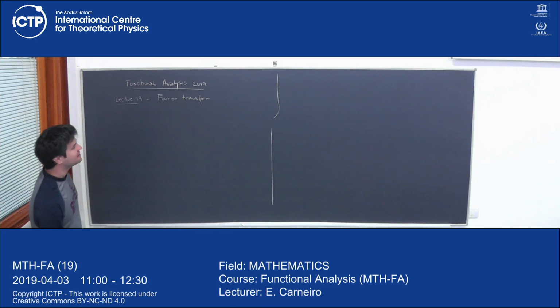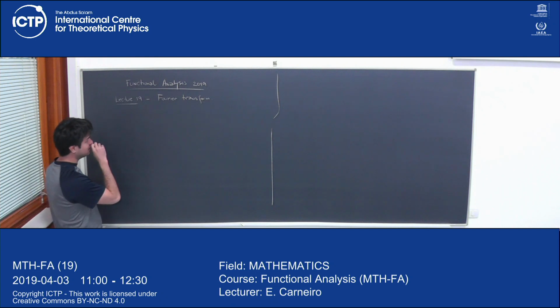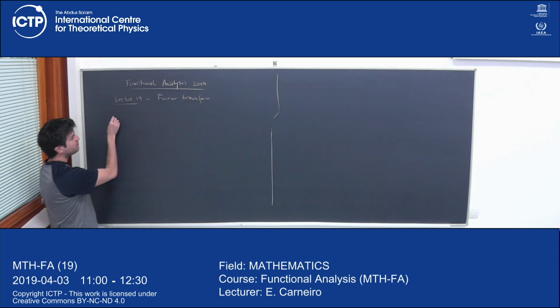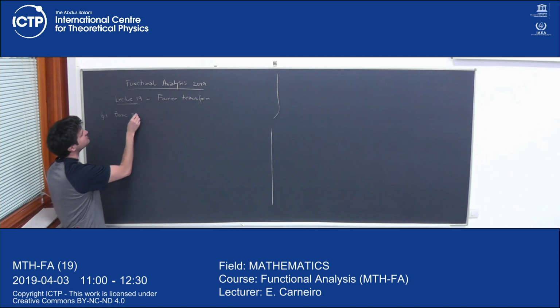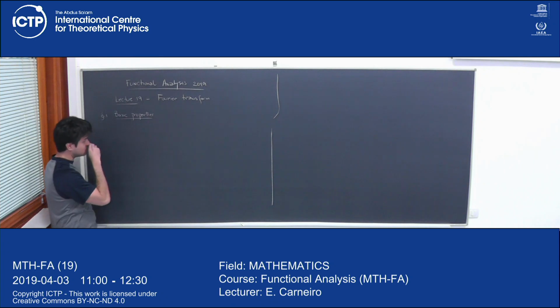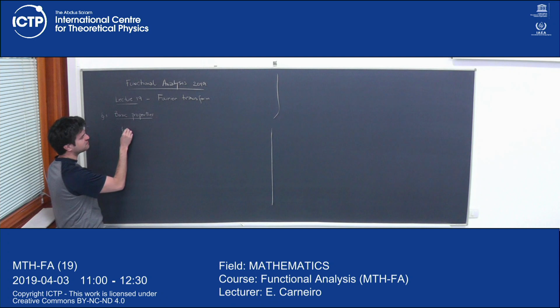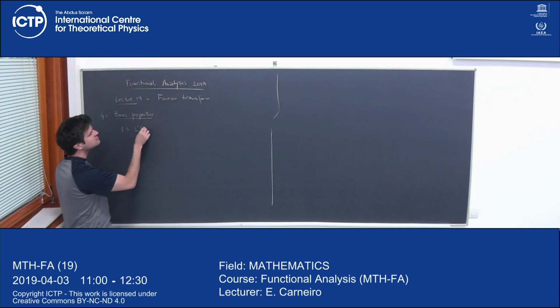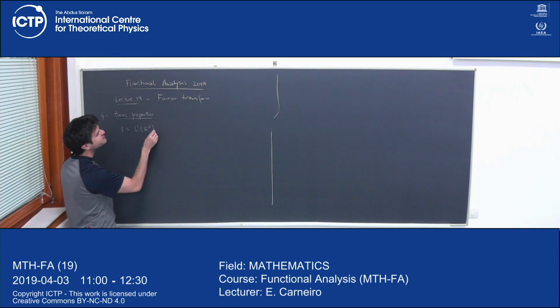All right. So the setup is this. We will start with a function. Let's just call it f, for a second, the basic properties. So I will start with a function in L1 of Rd.